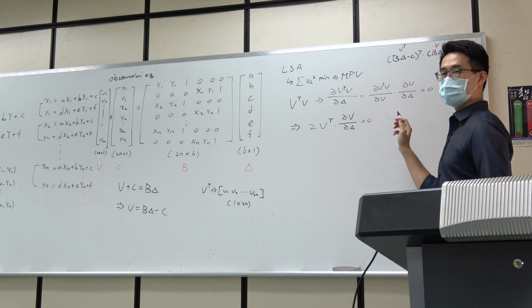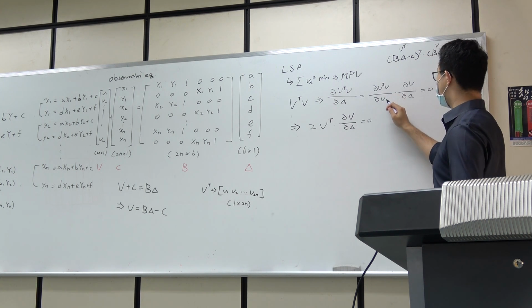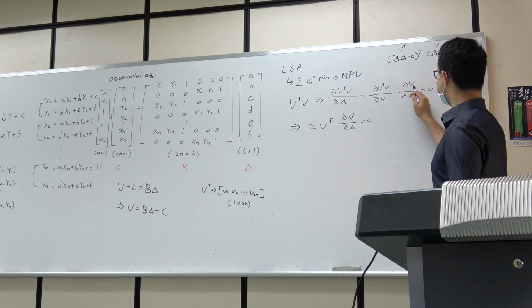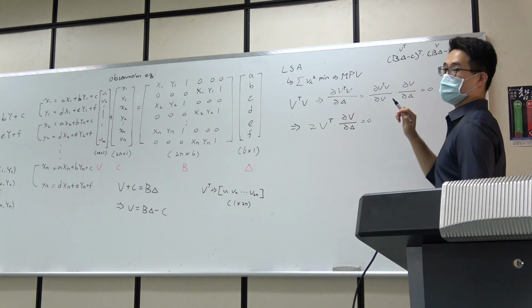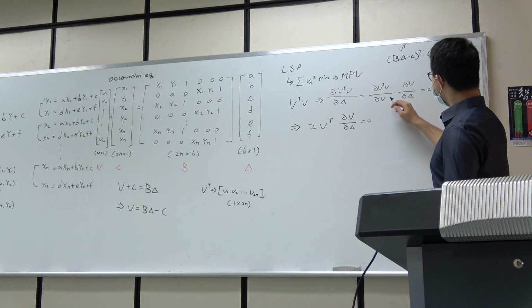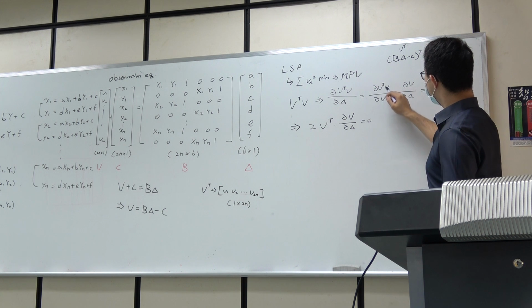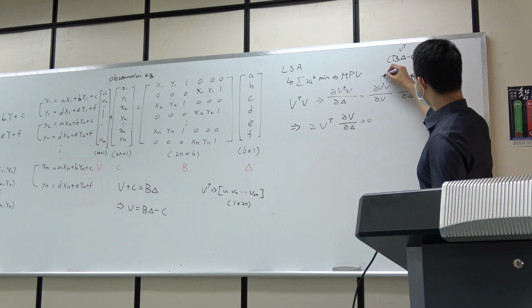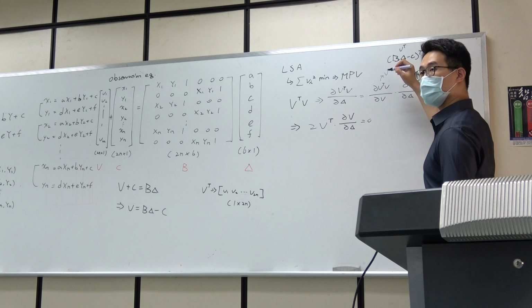Right, this is also the chain rule. So let's take the derivative on v first, and then the v will take the derivative on delta. Okay? So the first term over here, we know that this is kind of like v squared, right?